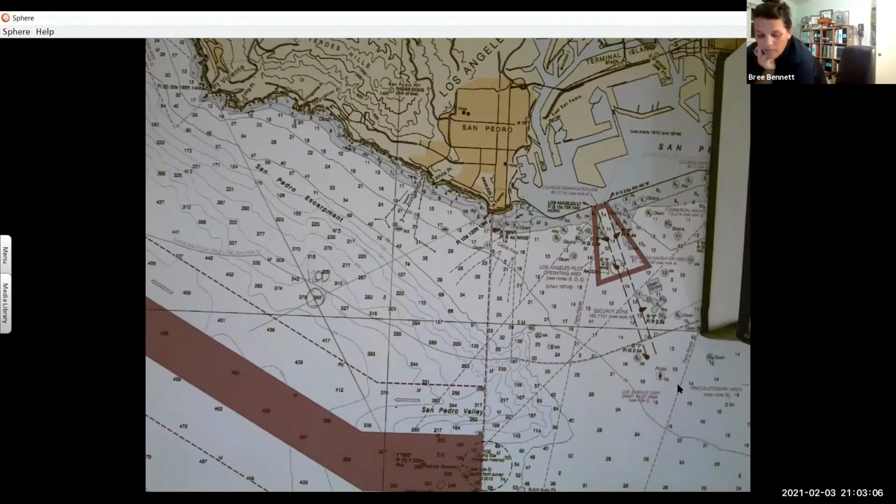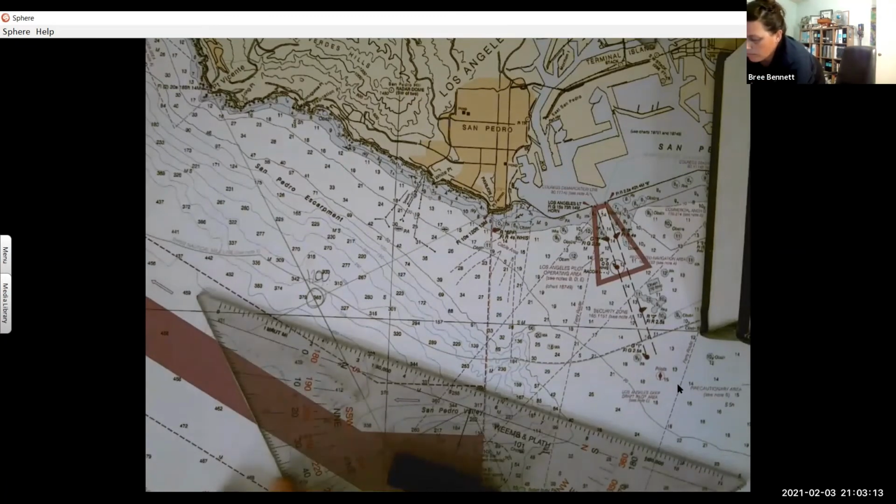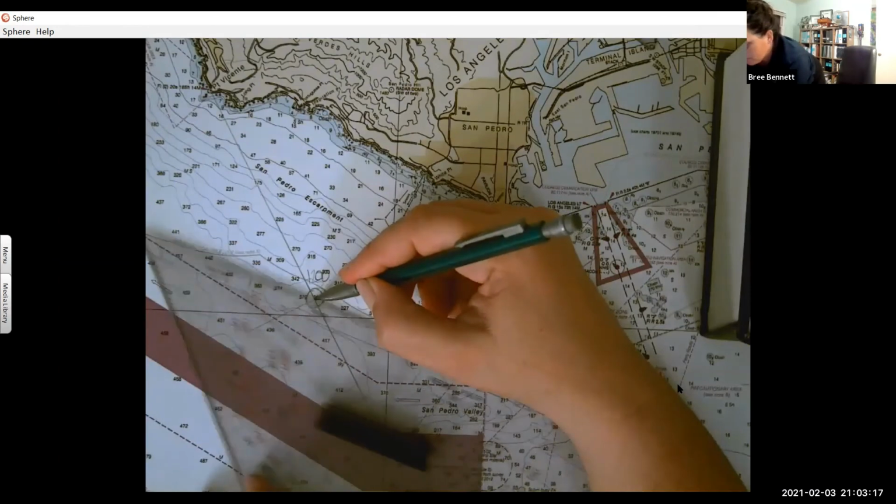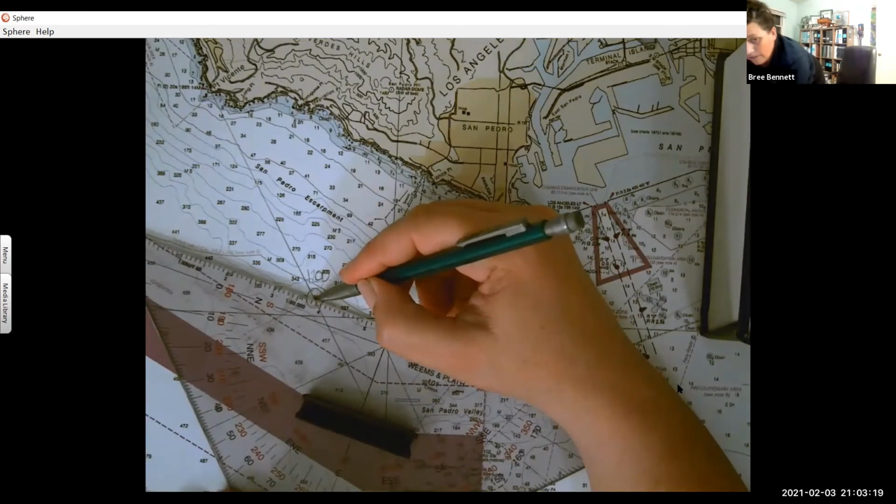Okay, then I want to plot my course. So my heading is going to be 124 degrees true. Put my pencil on my position. And then I'm going to find one.